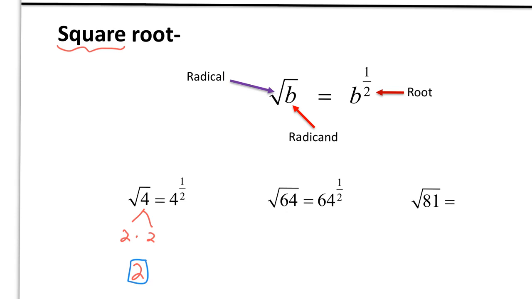When you look for different square roots, here's an example. The square root of 64 is the same thing as 64 to the 1/2 power. Over here, we have the square root of 4 is the same thing as 4 to the 1/2 power. The square root of 81, we know the answer is 9, because 9 times 9 is 81. So 9 is the square root of 81.